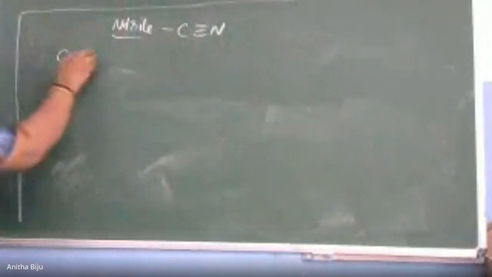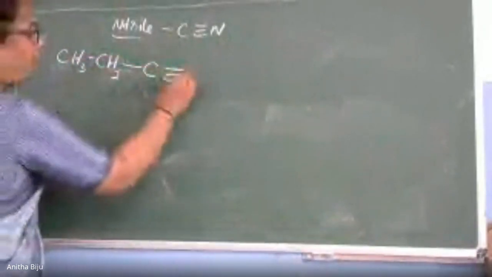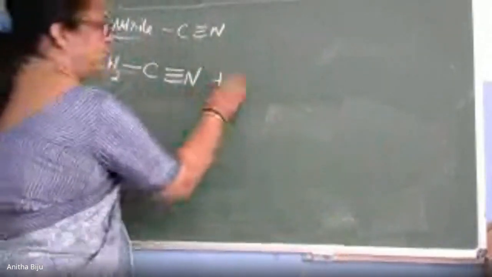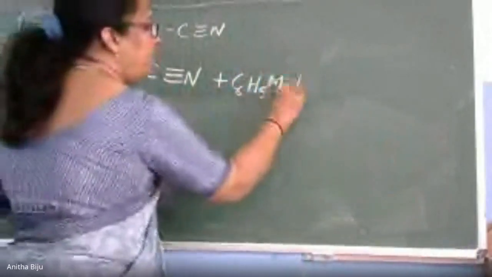So I will give a specific example. CH3CH2C triple bond N. And here I am taking the Grignard reagent, phenyl magnesium bromide, C6H5MgBr.